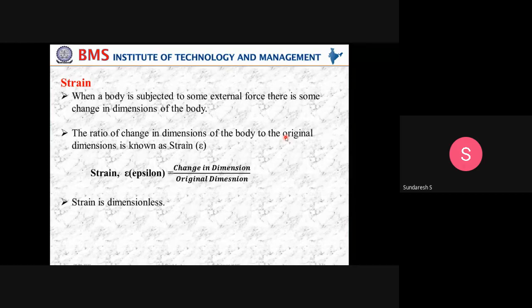A strain is the ratio of change in dimensions of a body to the original dimensions of the body. So mathematically, we can express strain as the ratio of change in dimension to the original dimension. And we usually denote strain by a letter called epsilon. Please remember these annotations are very, very important, because you should remember what is sigma, what is tau, what is strain.